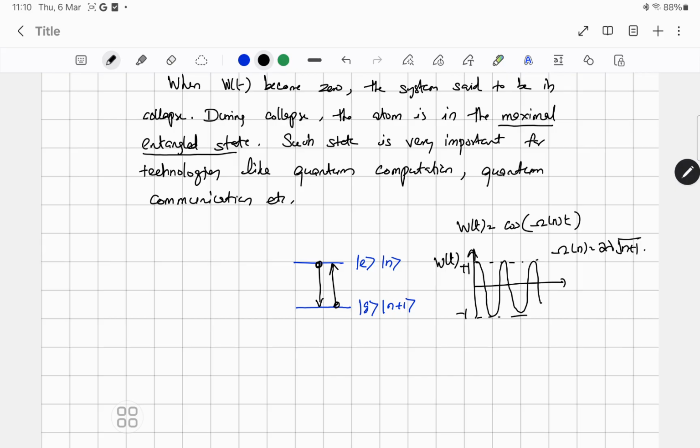If W of t is exactly +1, then the system is in the state ket I, and if W of t is exactly -1, the system is exactly in the state F. But if it is between +1 and -1, it will be in the superposed state, Psi of t equals Ci of t ket I plus Cf of t ket F. It is a superposed state.